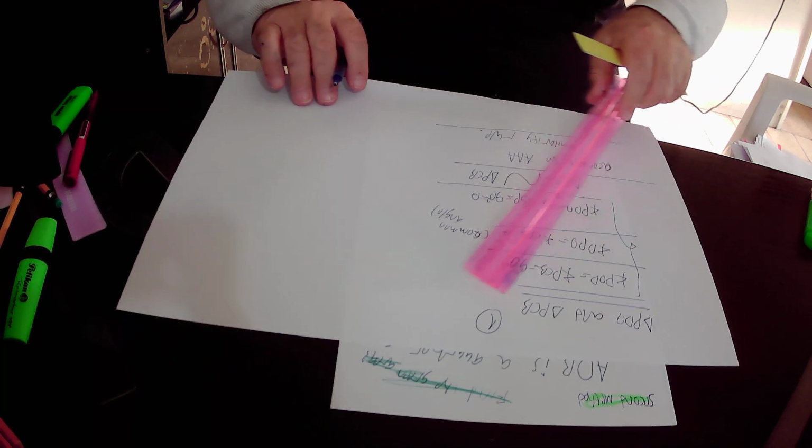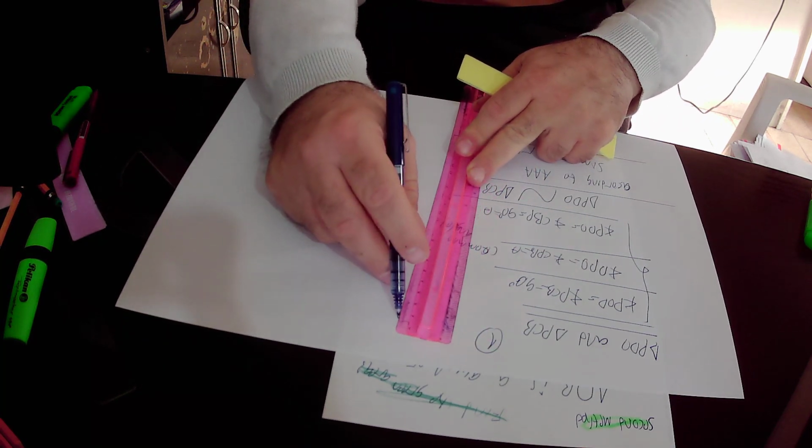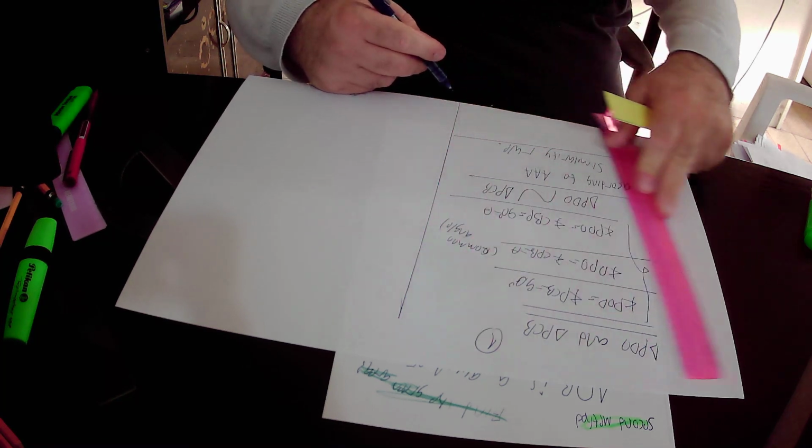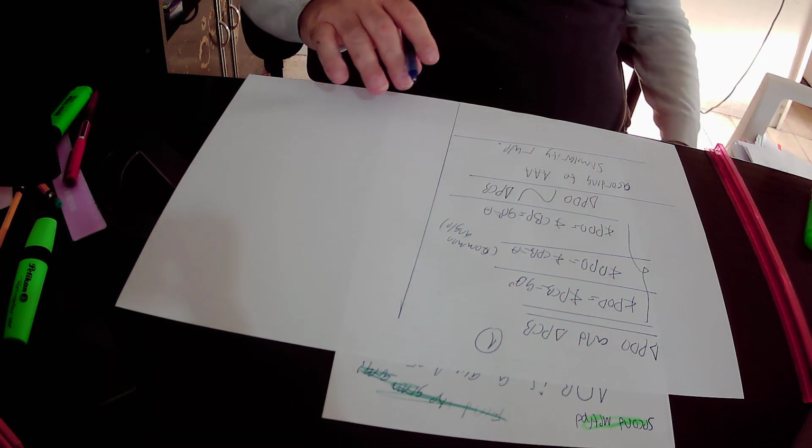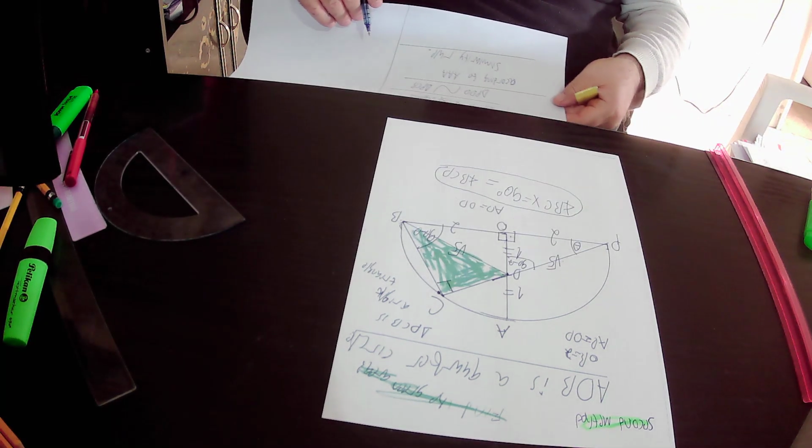And from the fact that the two right triangles are similar to each other, we conclude that the following relationship exists between their sides.